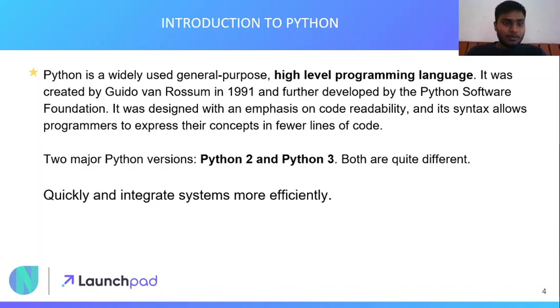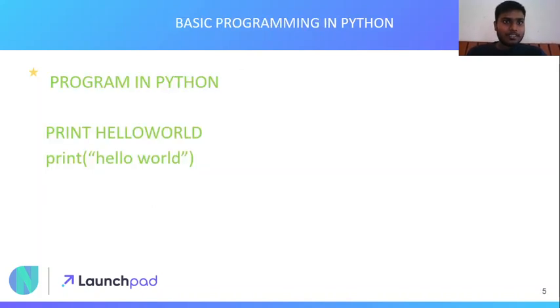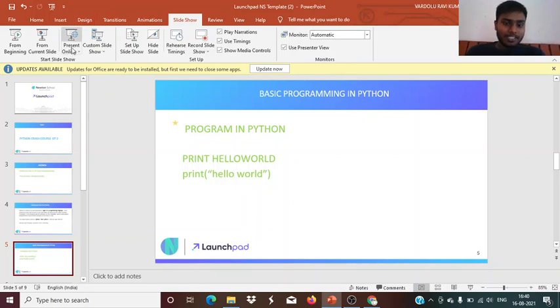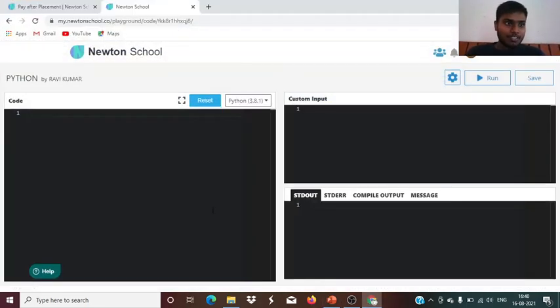Next, we want to get into basic programming in Python. The basic program is to print hello world in the Newton School IDE or online compiler. Now I'm using the Newton School online compiler. We want to get hello world as output.